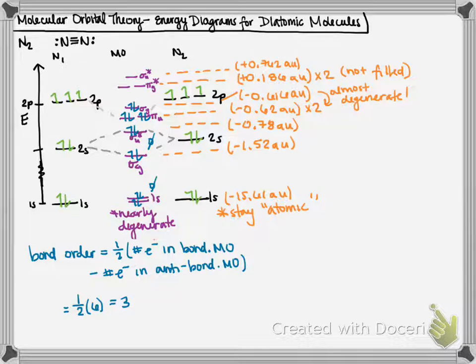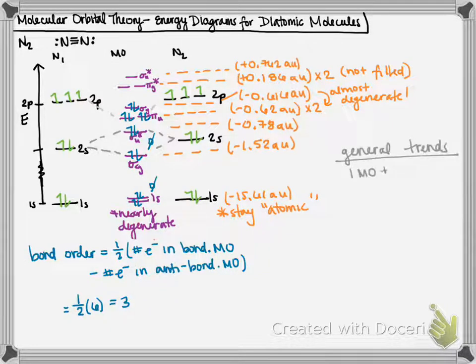If we go to where our 2s splits into sigma gerade and sigma ungerade, remember that there are 2 electrons in each, so 2 electrons bonded, 2 electrons anti-bonded. Those will also cancel out, so we only have to consider the electrons coming from the orbitals formed by the combination of 2p atomic orbitals. And we'll notice that we have 6 in bonding orbitals and 0 in anti-bonding orbitals. So 1/2 times 6 gives us a triple bond, which is exactly what our Lewis dot structure also predicts.